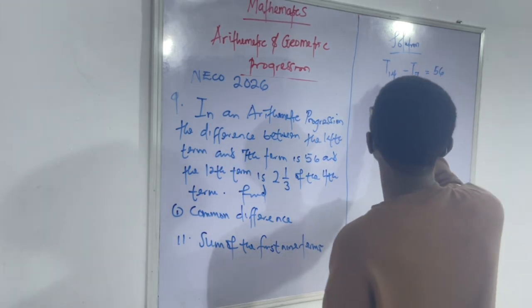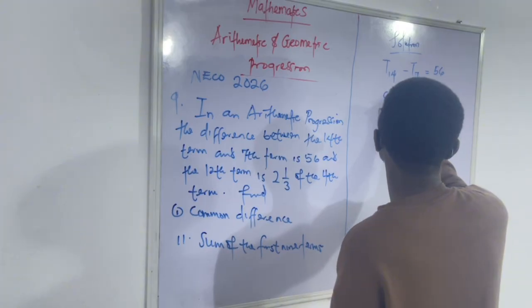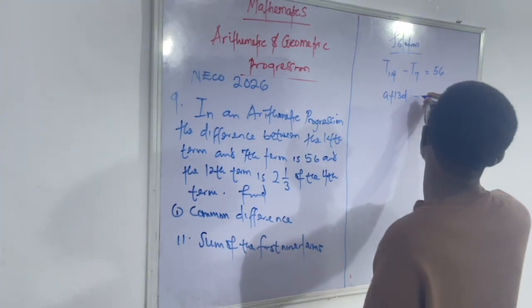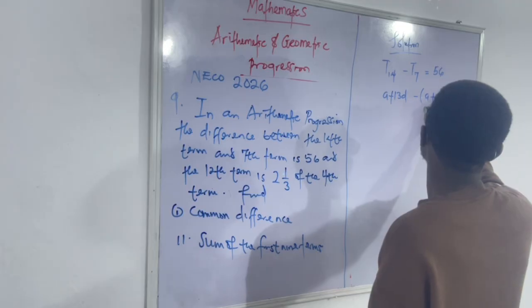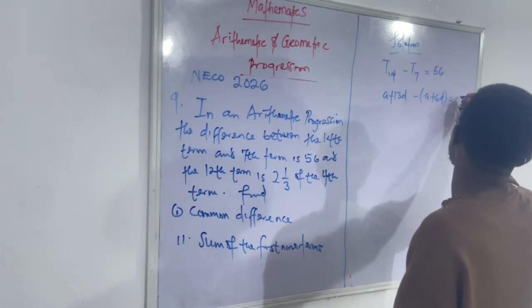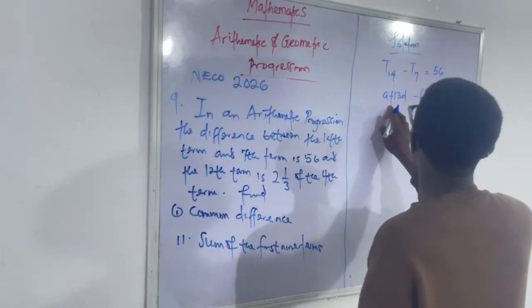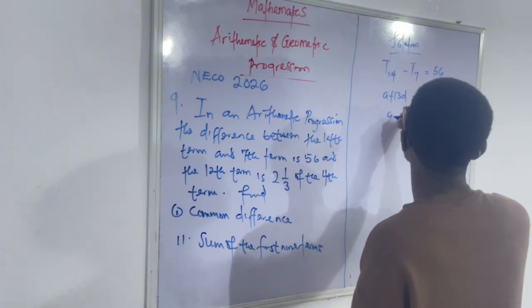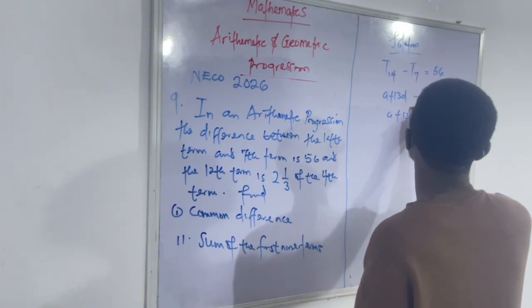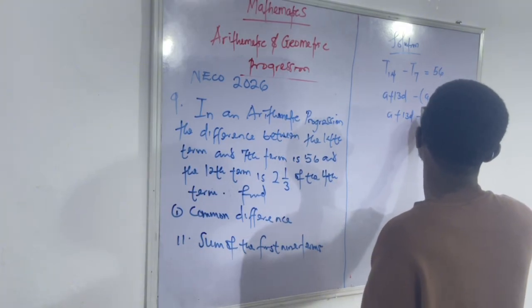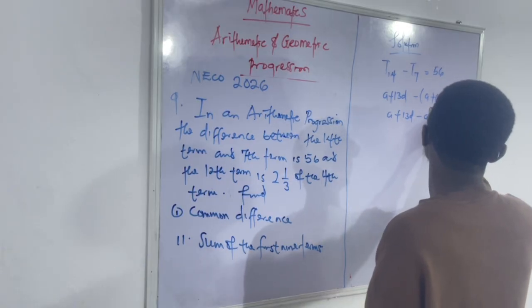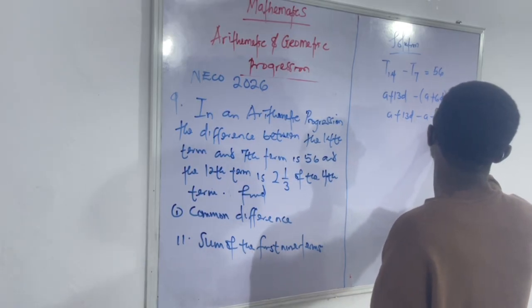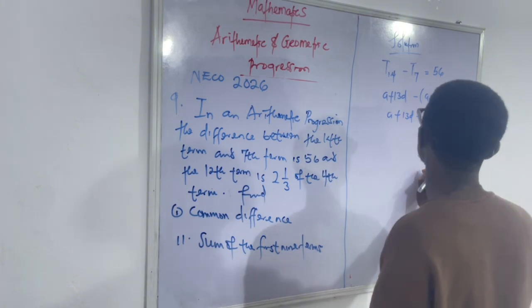So T14 is what? A plus 13D, minus A plus 6D, that's the 7th term, equals 56. Are we together? So that's A plus 13D, open bracket, minus A, so this one is what? Minus 6D equals 56.